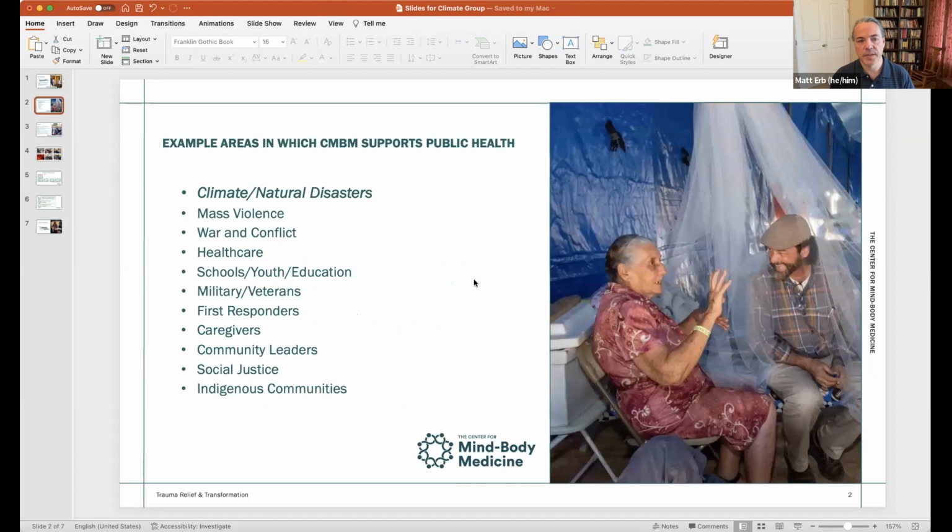These are some of the areas that we work in that support public health, and I highlighted and bolded climate and natural disasters at the top. Examples include long-term programs in New Orleans after Hurricane Katrina, in Houston after Hurricane Harvey, and in Sonoma and Shasta counties in California after the wildfires a few years back. Those are just a few examples.